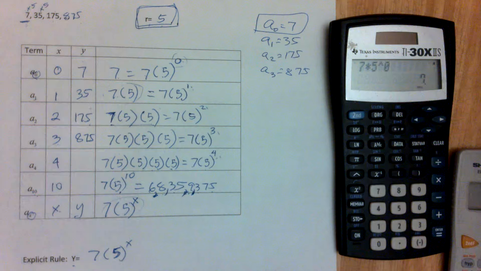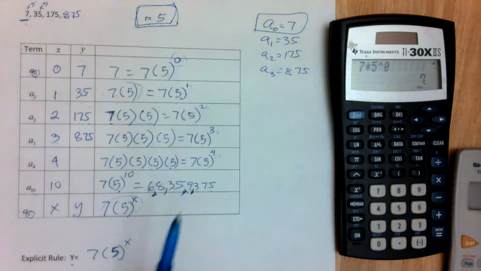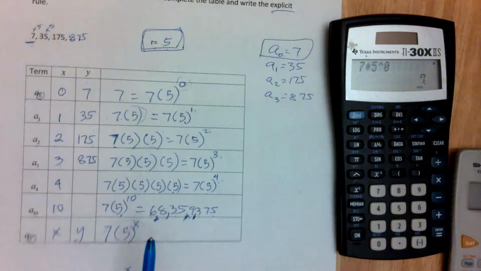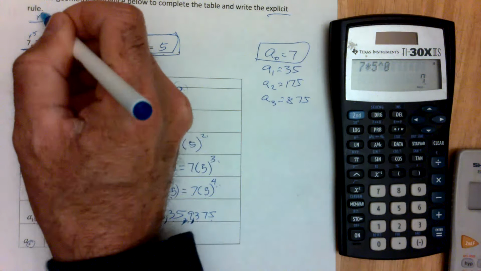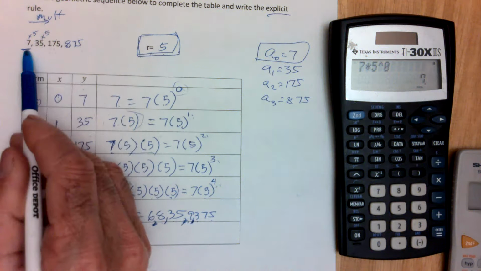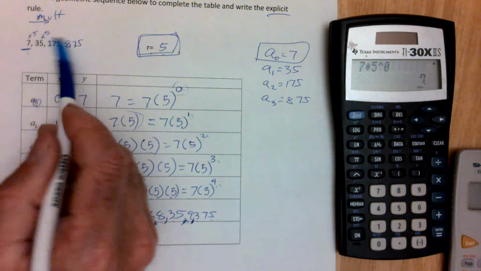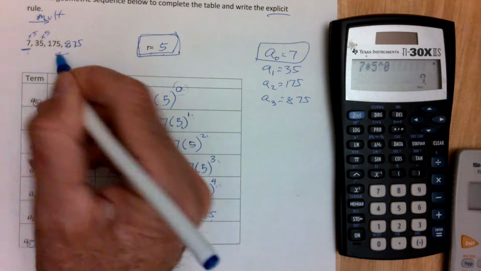Okay. Now, as I said, sometimes this will be easy to find. Sometimes it's not. So if we go this direction, it's multiplication, right? The way you can find out what the multiplication is very easily, if you can't just do it in your head, is go the opposite direction.